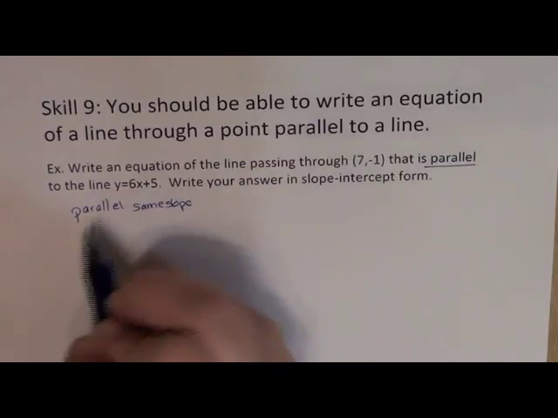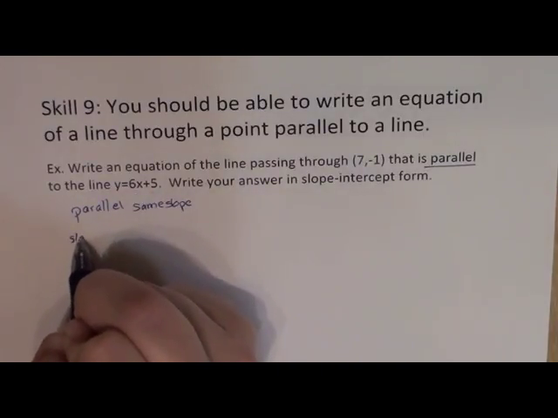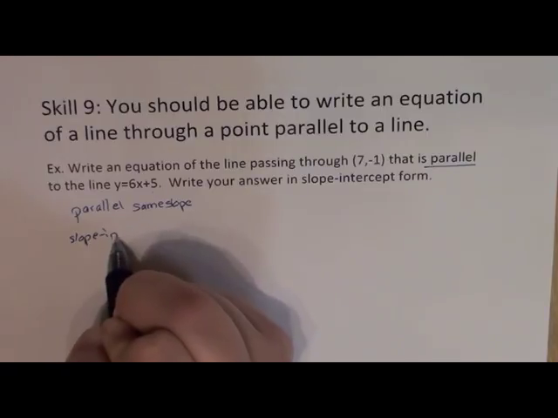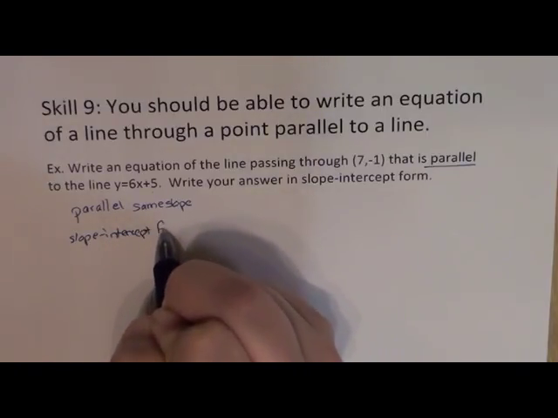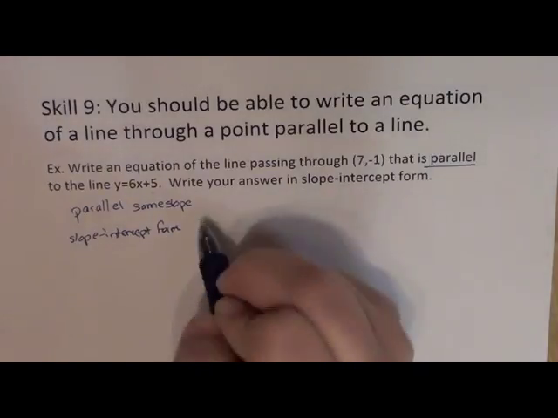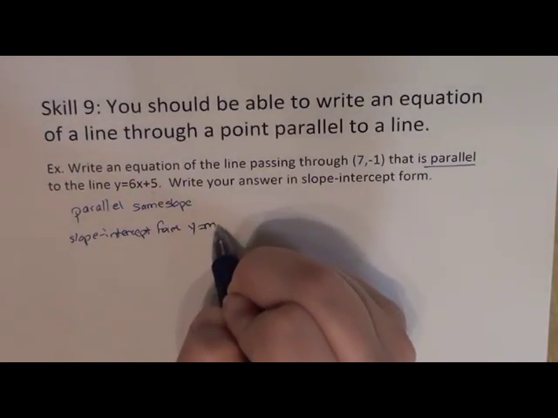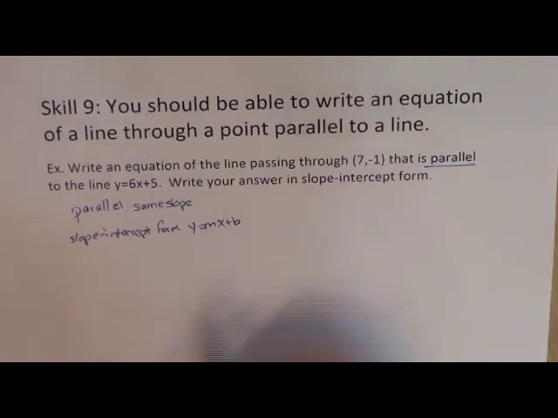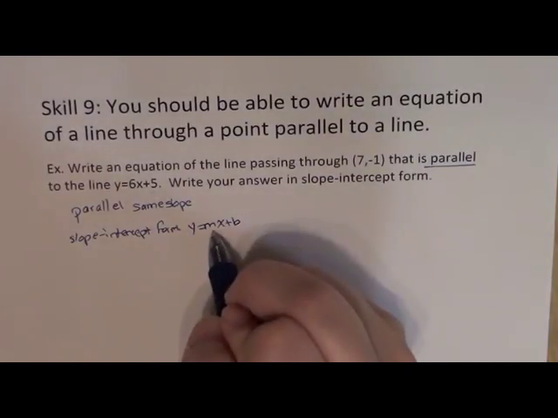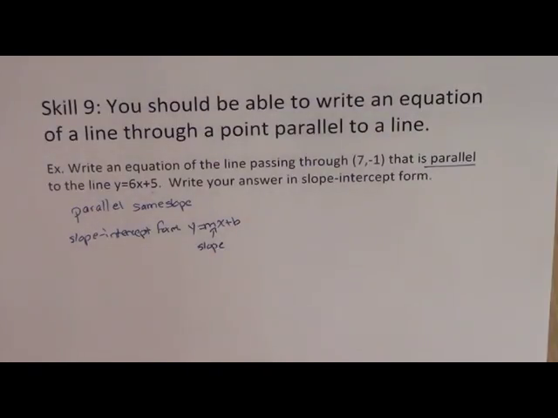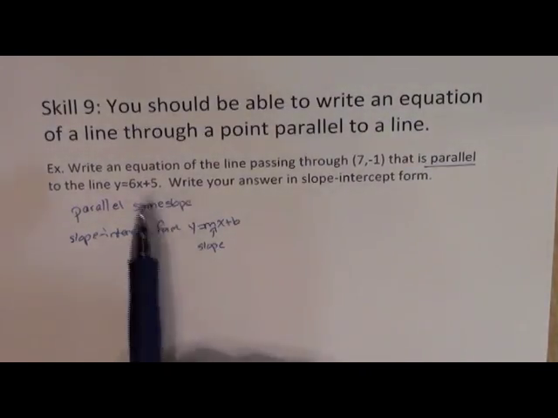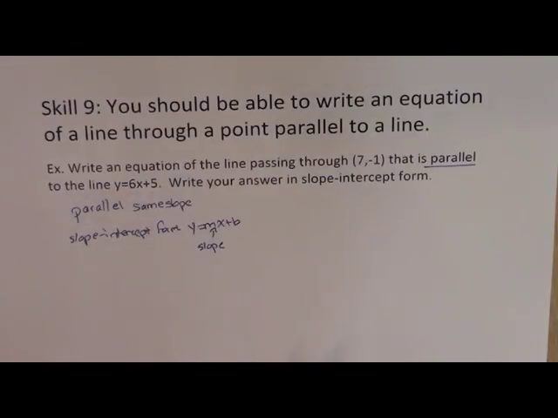Well, that form is the slope-intercept form, y equals mx plus b, where m is the slope. So the slope of y equals 6x plus 5 is 6.